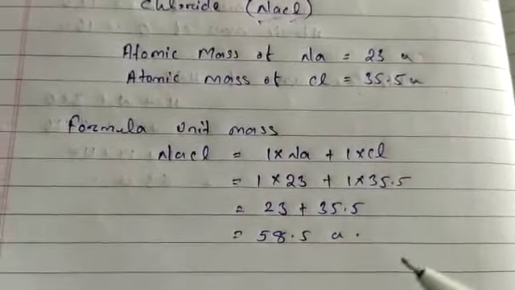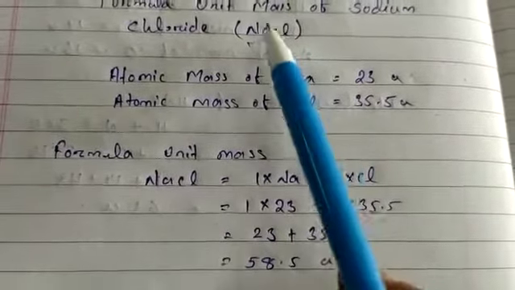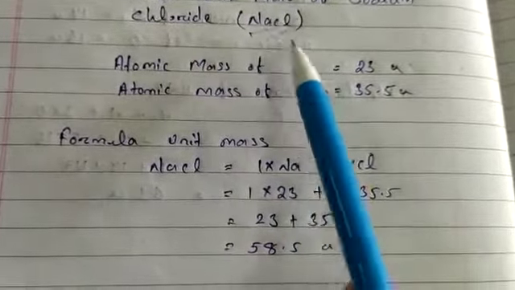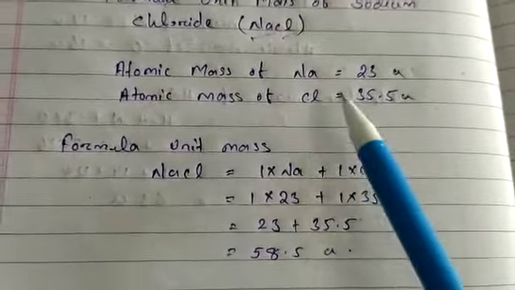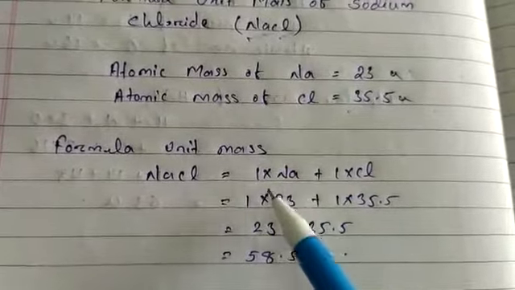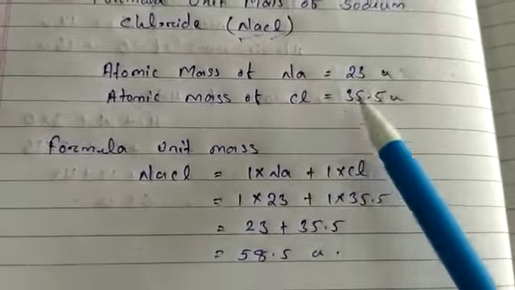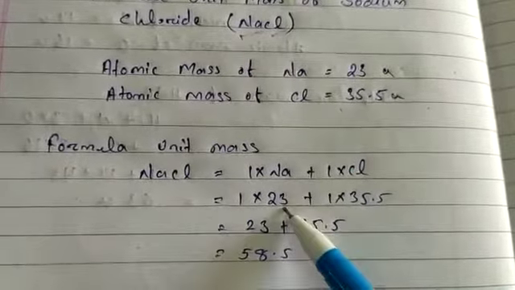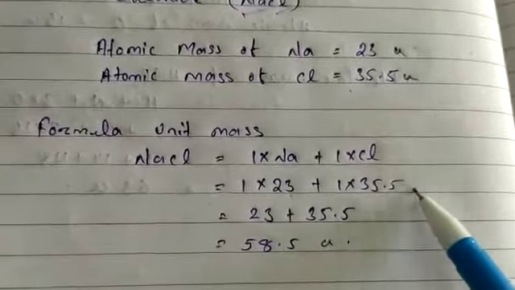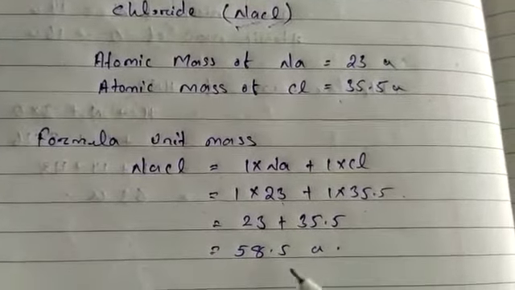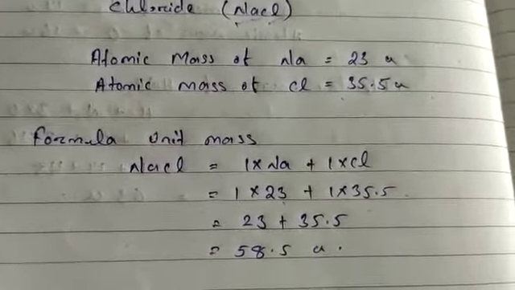In the same manner as the molecular mass, since sodium is 1 and chlorine is also 1 in sodium chloride, there is no subscript, so we use 1 into Na plus 1 into Cl. That is 1 into 23 plus 1 into 35.5, so the formula unit mass is 58.5 U.